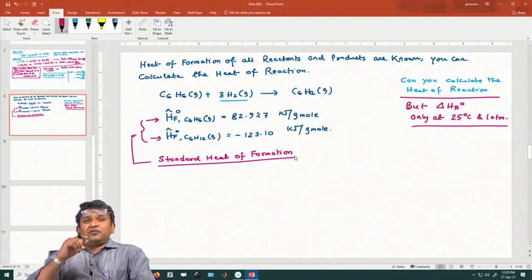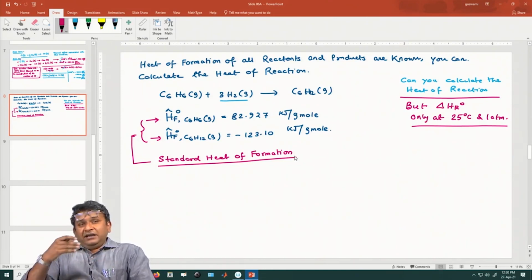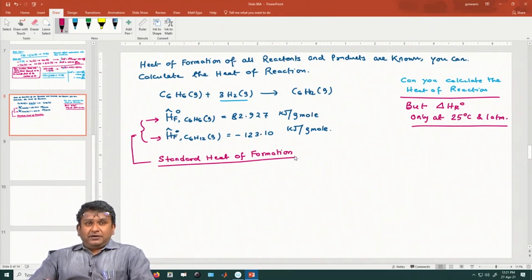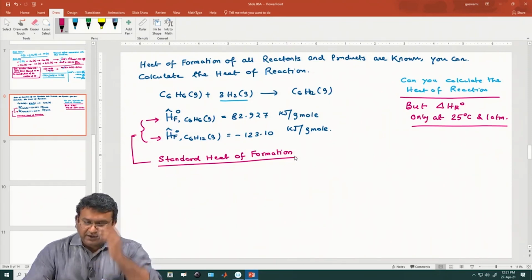So, please do not fall into the trap that you can calculate with this data if this reaction is happening at, let us say, 100 degree centigrade and 1 atmosphere or 5 atmospheric pressure. You cannot calculate.